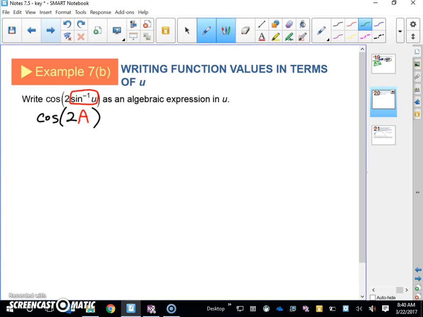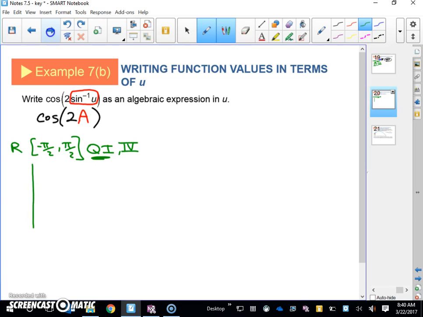Again, inverse sine is defined, or its range is from negative pi over 2 to positive pi over 2. Again, that puts us in either quadrant 1 or quadrant 4. And it'll work for either one, but let's just stick to quadrant 1. I'm going to draw my picture in quadrant 1.